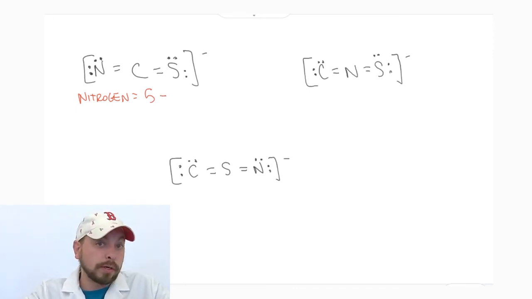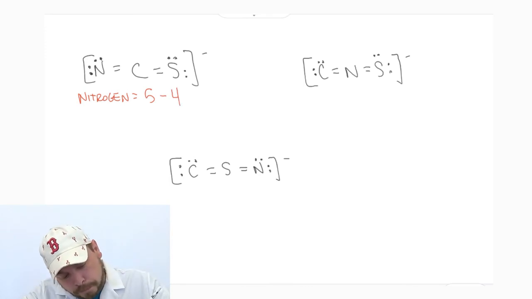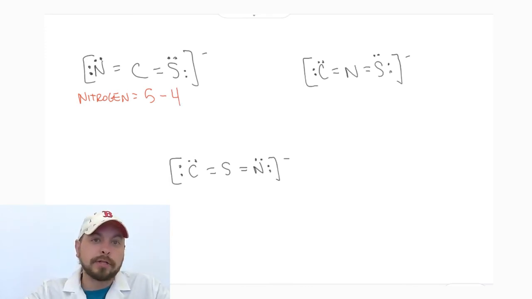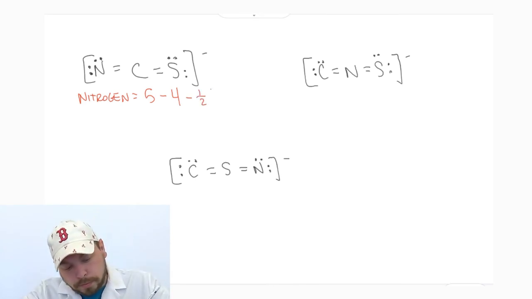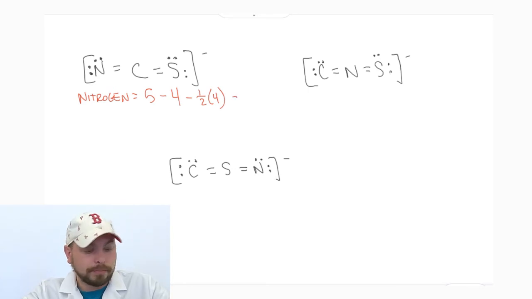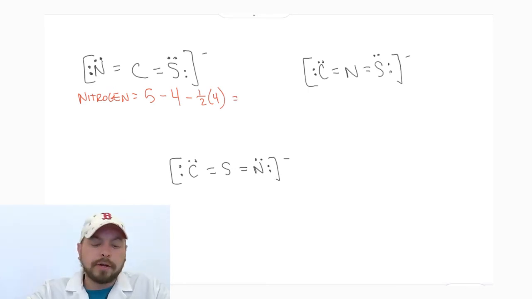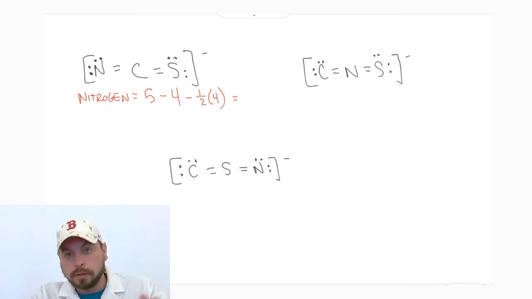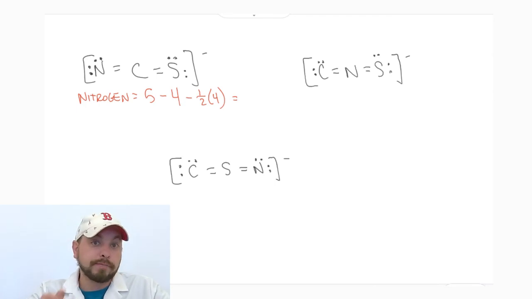It has 4 in lone pairs, and it has a total of 4 in the double bond, of which it owns 2 of them. Therefore, if we do this math, 5 minus 4 minus 1/2 of 4, we get a formal charge on the nitrogen of -1.